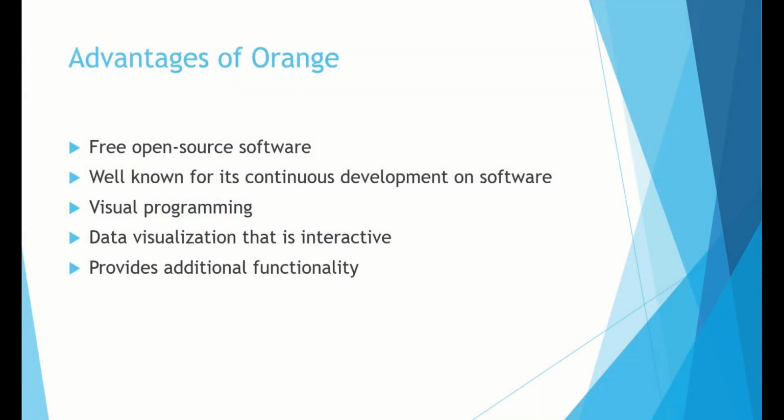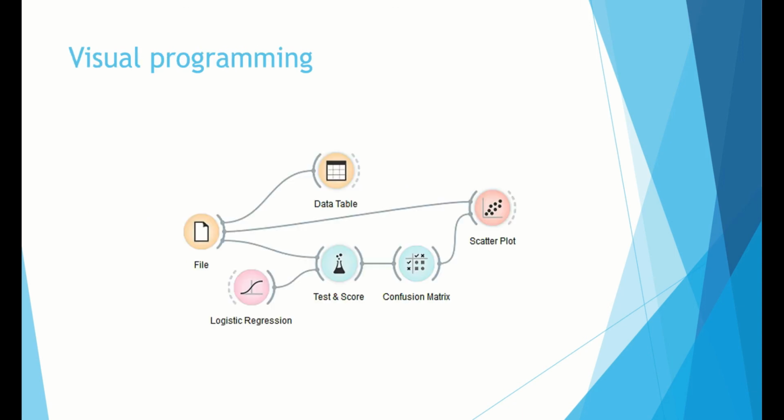There are a few advantages of this Orange data mining tool. Firstly, it is a free open source software where anyone is freely licensed to use. Next, it is well known for its continuous development on the software, where anyone is allowed to create modifications for the mutual benefits of the platform and user. Other than that, visual programming is also one of the advantages of Orange. Thanks to its user interface, users can focus on data analysis instead of laborious coding.